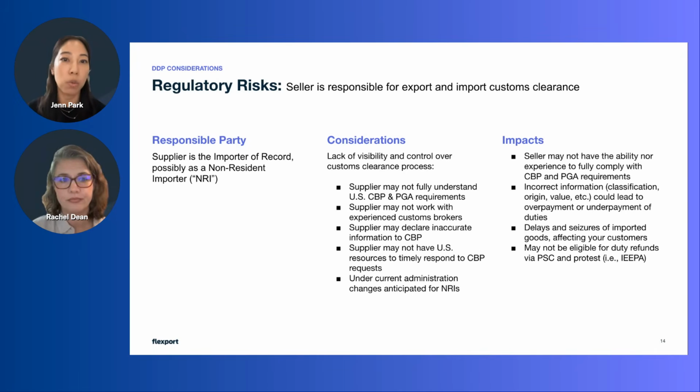Why? Because not only do you want to make sure that you're compliant and your goods are being declared correctly, but also you want to avoid any sort of detention or seizure from customs, which could have trickle effects down to your goods being delayed and impacting your customers. So when we focus on the U.S. and your supplier, what I just mentioned is you want to make sure you have a supplier that you trust.